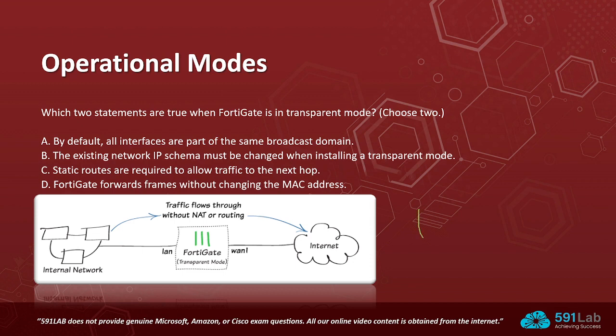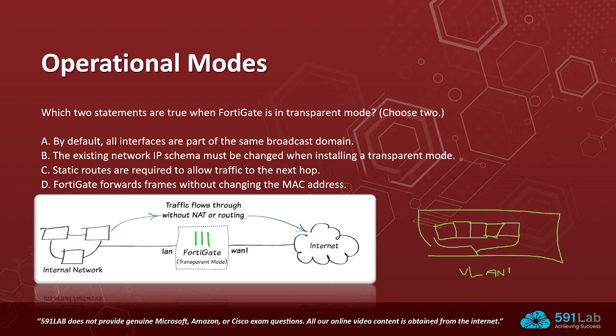So if you have, for example, a FortiGate with, I don't know, 5 ports, and this FortiGate is in transparent mode, all these ports are part of the same broadcast domain. As a switch at the beginning when you have the VLAN 1, because that is the default configuration.